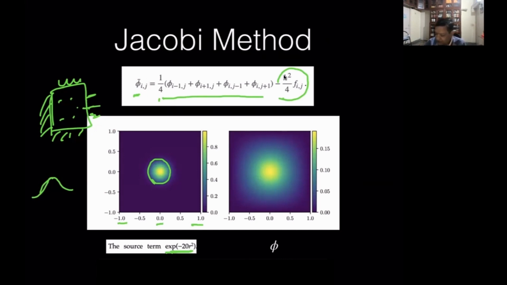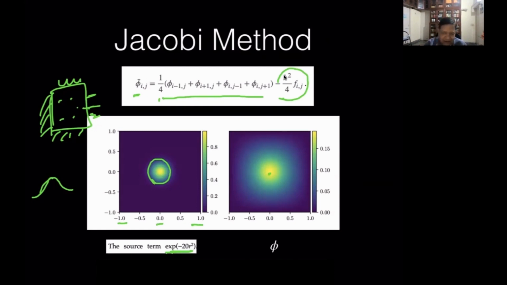Now, this is a potential. This source will create a potential phi, and what I solved, I'm displaying in a density plot. The potential will be highest in the middle, and it decreases again. This is by the Jacobi method.